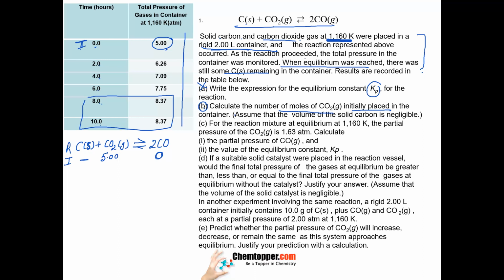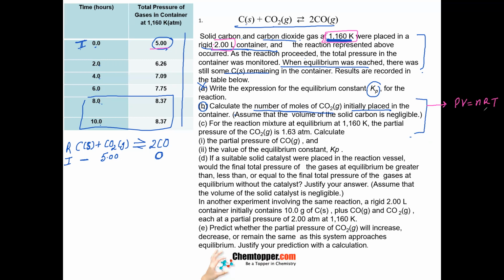But they are asking how many moles of CO2 were present initially. So what should I do, children? I know that initially there was only CO2 and its pressure is this. I know the pressure. I know the temperature. I know the volume. So don't you think that for this question, I can use the equation PV equals nRT?